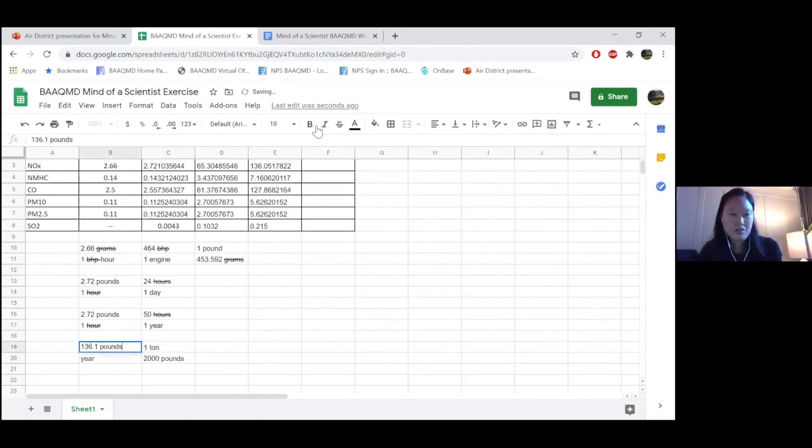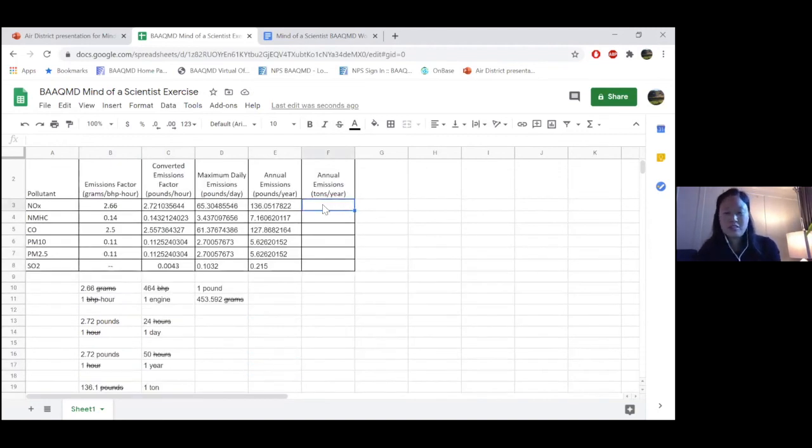And so the pounds will cancel out when we multiply. So it's 136.1 divided by 2,000, or times 1 over 2,000. So it's equals this times 1/2000. And that's how we convert pounds per year to tons per year. And we just double click the bottom right corner.